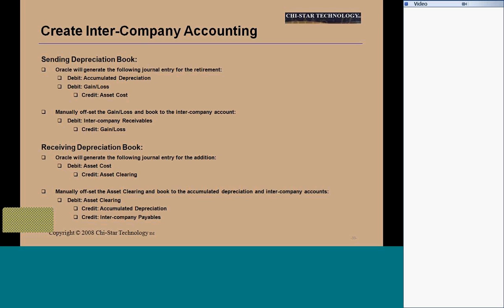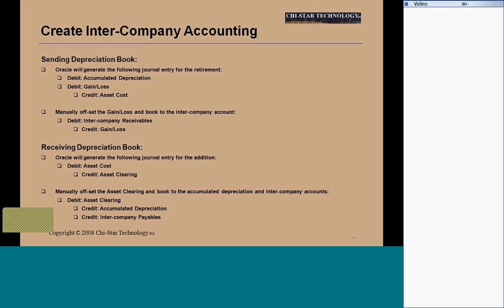What I need to do is remove that gain and loss amount. On an asset that I still have control of, that I still own, just because I'm transferring it from one business unit to another does not mean that I should take gain and loss. That gain and loss should be reserved until that asset is disposed of and out of use through the company.